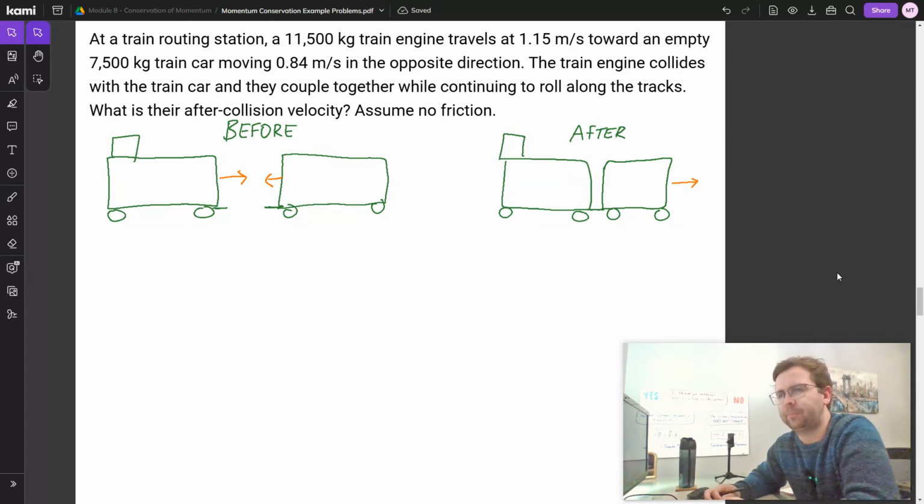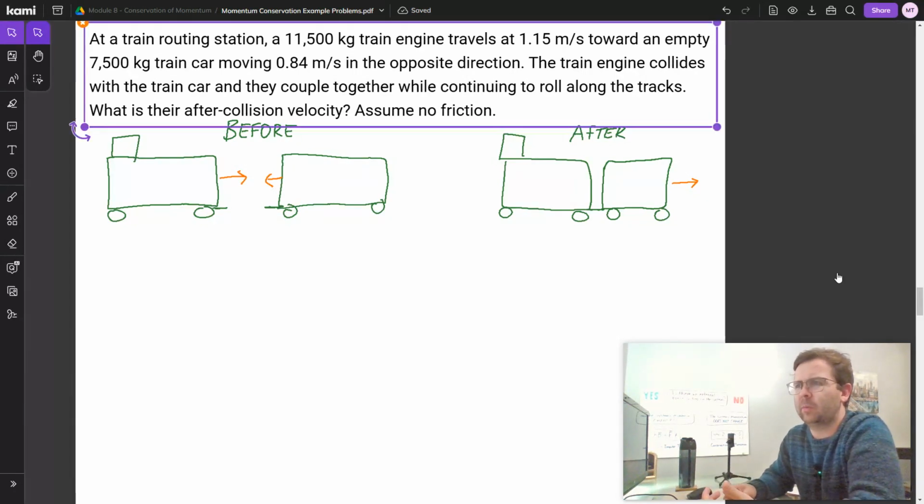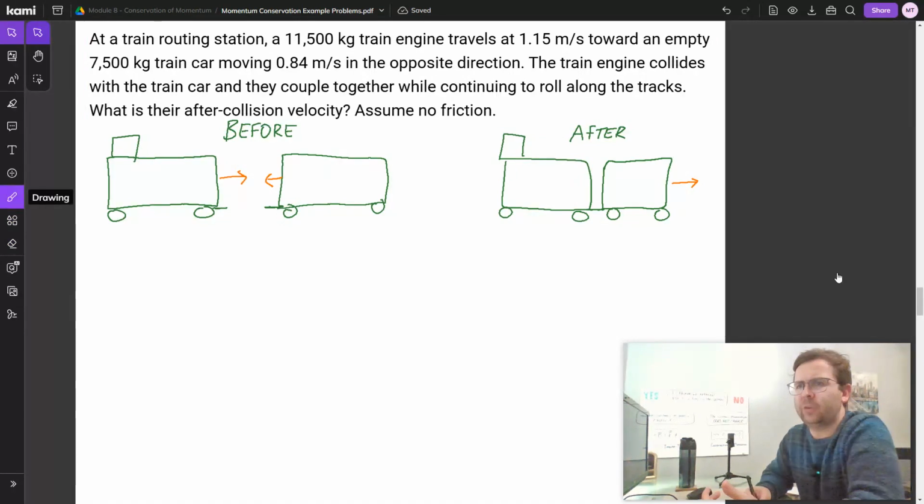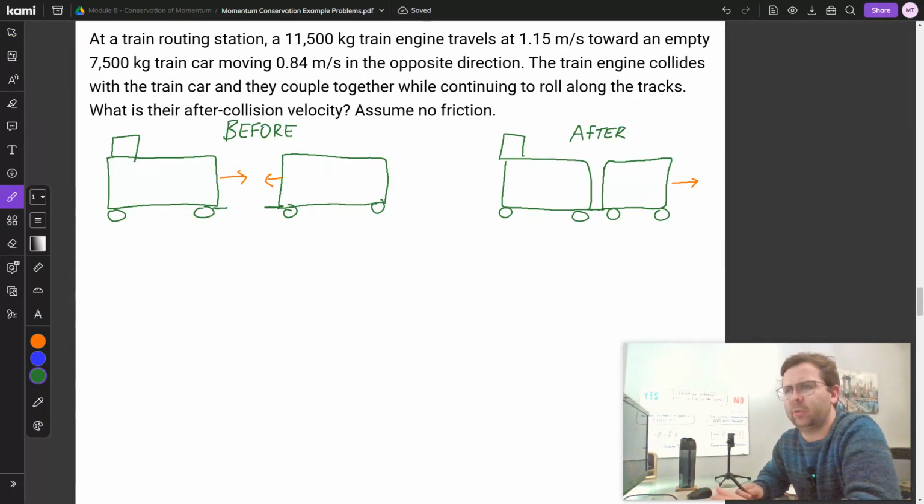Assume no friction. So I've already done the important step of drawing the before and after sketch here, and sometimes it can be tricky to figure out what to label and what direction to go in. You have to choose a direction. It didn't say to the right or to the left, but it did say opposite directions, so I chose the train engine to be moving to the right and the empty train car moving to the left.